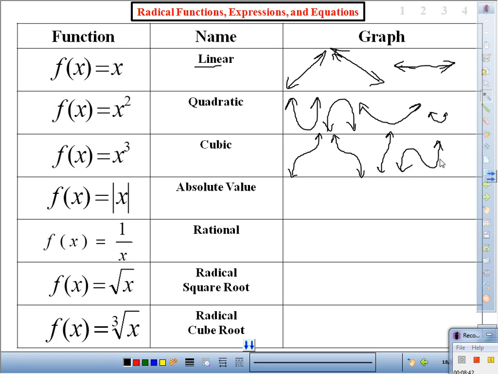Does that look something we've been doing? Yeah. Absolute value. The graph is within the name. You guys see it? Well, there it is. It's a V. A negative absolute value. A stretched absolute value. A compressed.